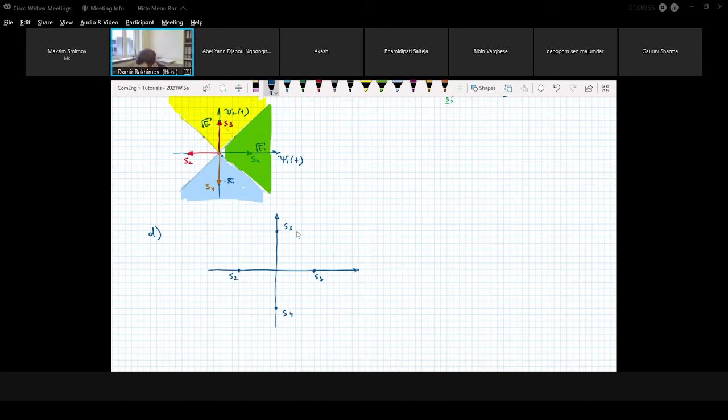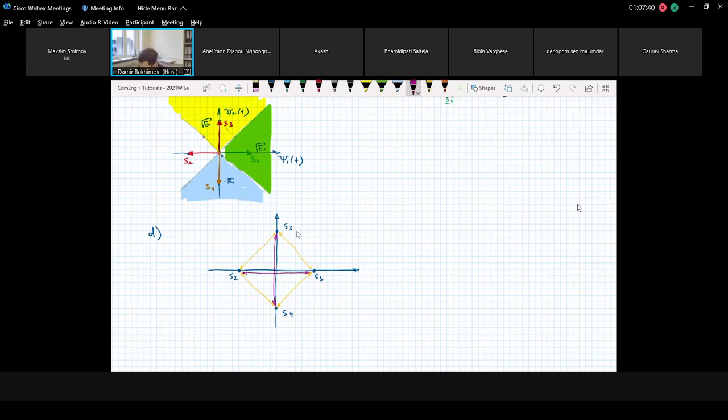Now we need to find the Euclidean distance, the distance between different points. We have the distance between, for example, S1 and S4. The same distance will be between S3 and S1, as well as between S2 and S3, and S2 and S4. This is one set of distances. But we also have another set: the distance between S3 and S4, and the distance between S2 and S1.